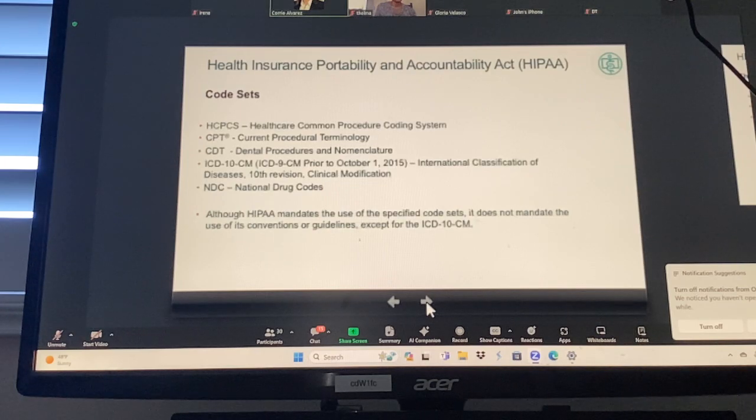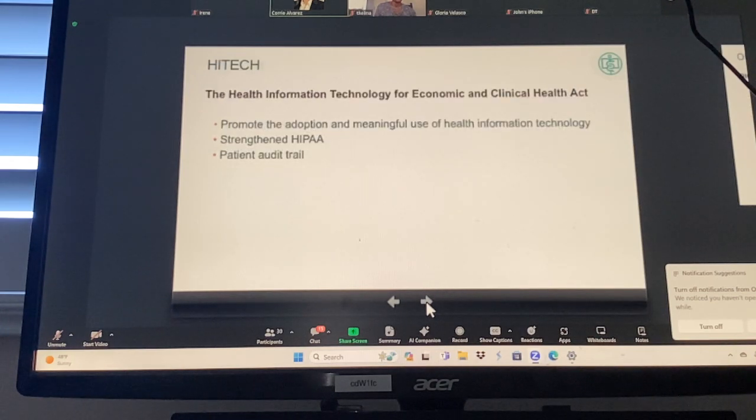And here are some abbreviations. Most of you probably are well aware, because if in a medical facility, we're trained every year on HIPAA. And then HITECH strengthened HIPAA by making sure that our EMRs have audit trails, showing who's in the system, looking at the file, and whether they have authorization to do so, etc.